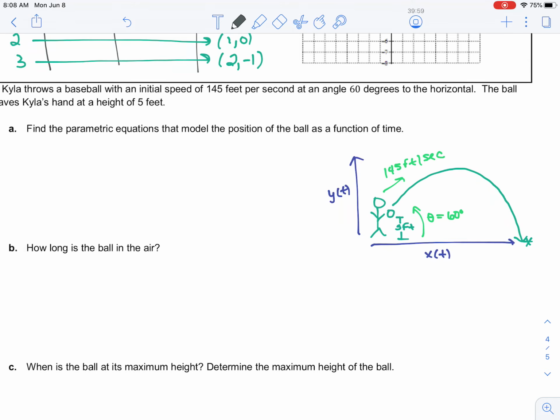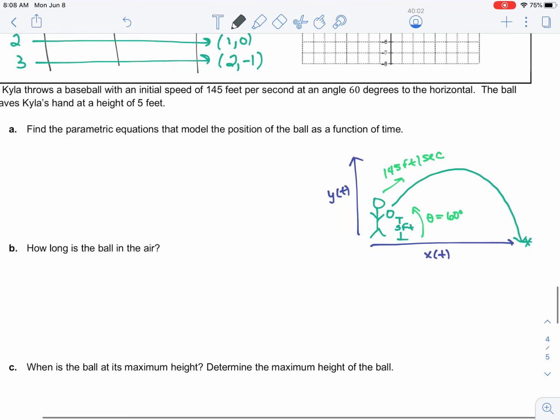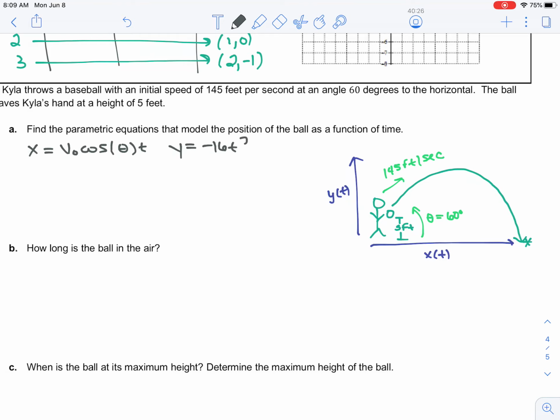We have the equation that measures our horizontal distance as x equals our initial velocity times cosine of theta times t, and then we have our other parametric equation describing our vertical distance of this baseball, being negative 16 t squared plus initial velocity times sine of theta, all of that times t, plus our initial height. Okay, so we actually have all of this information. So you can go ahead and plug in the appropriate information.